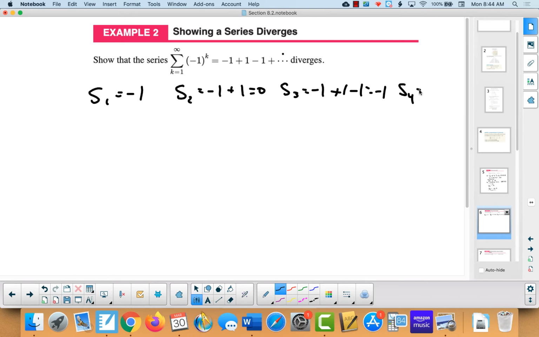And S sub 4 is going to give us 0 again. So we can conclude that S sub n is going to be -1 if n is an odd number, like 1 or 3, and then if we went on to 5, and will be 0 if n is an even number.